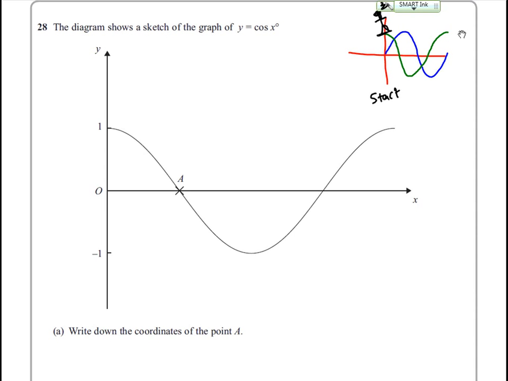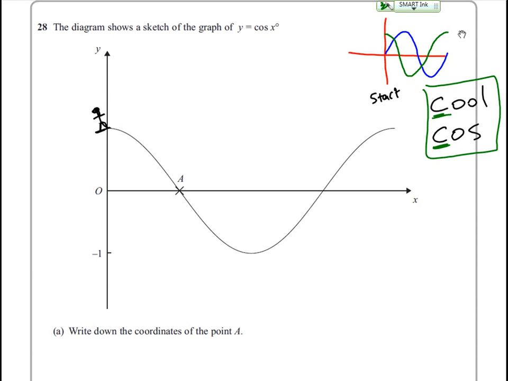So to help you remember, the cool one is cos. Okay? Cos is cool because you can snowboard down it. So cos is that one, okay, which we can see, yep, that's cos, we can snowboard down. Anyway, slightly off topic there. Sine's not cool, you can't snowboard down it. Cos is cool, yeah. Okay, anyway, back to the question.